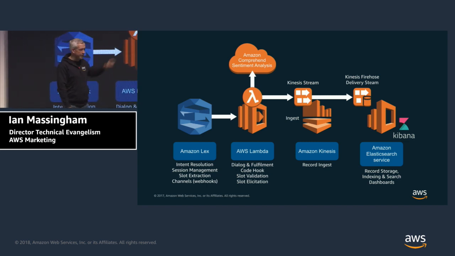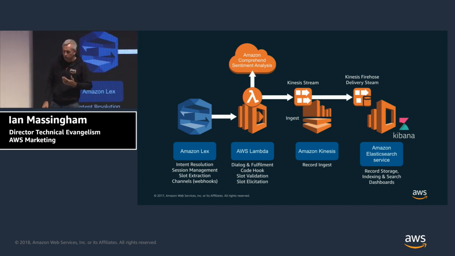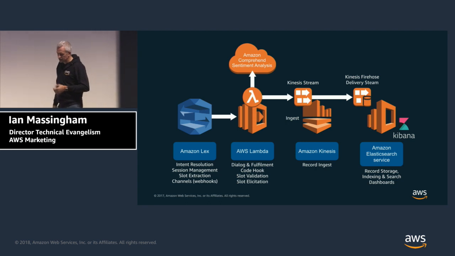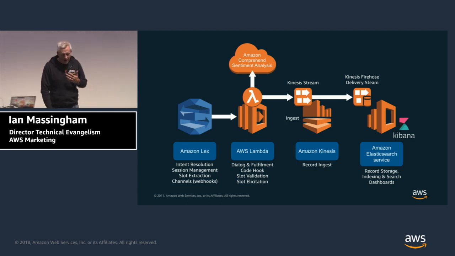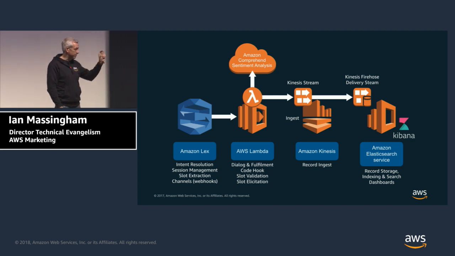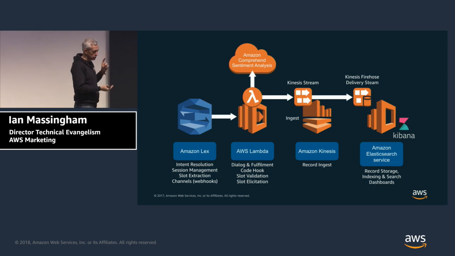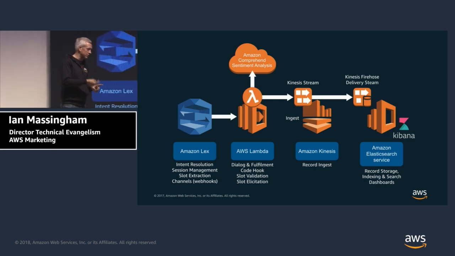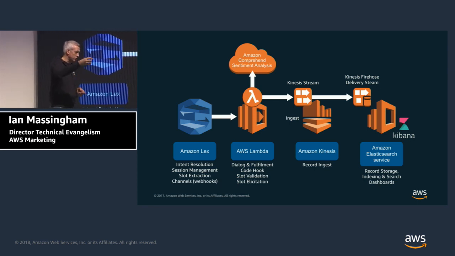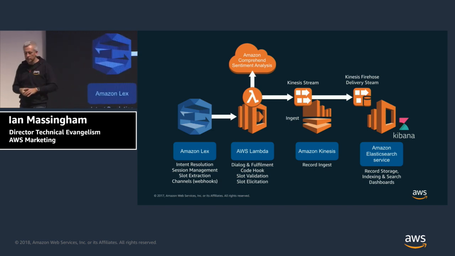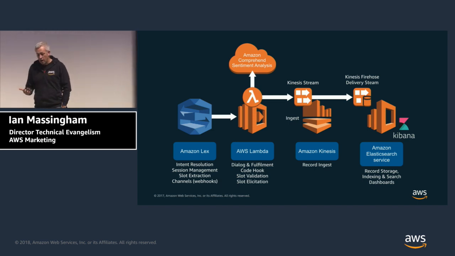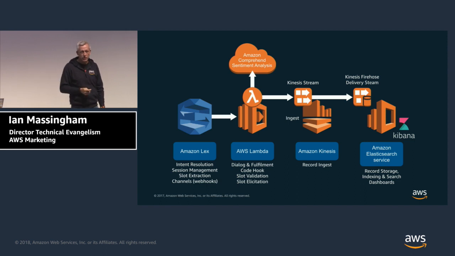I'm going to ship that over to Amazon Kinesis, which is our reliable data ingest and streaming service. And that has another service associated with it called Firehose, which will enable me to persist those records in a variety of different targets, Elasticsearch, and also store them within Amazon S3 in raw format, just as a collection of records inside objects, inside files, so that I can analyze that data and provide some visualizations later.